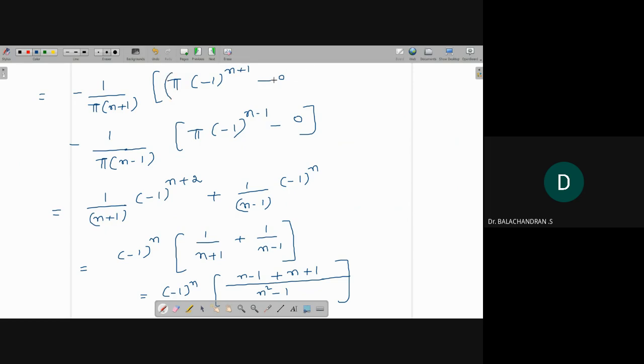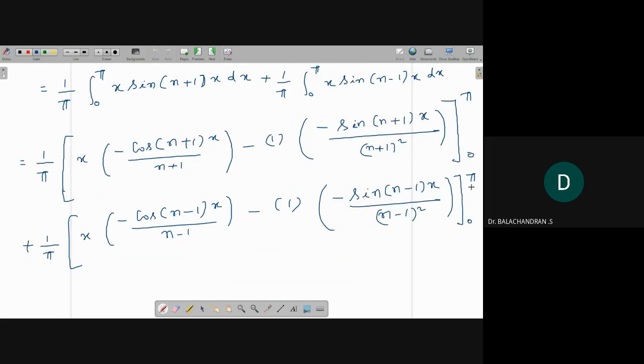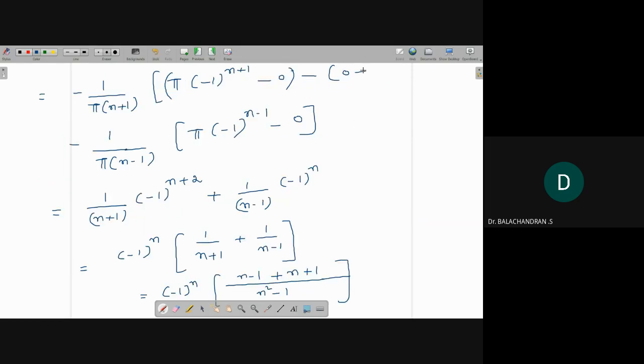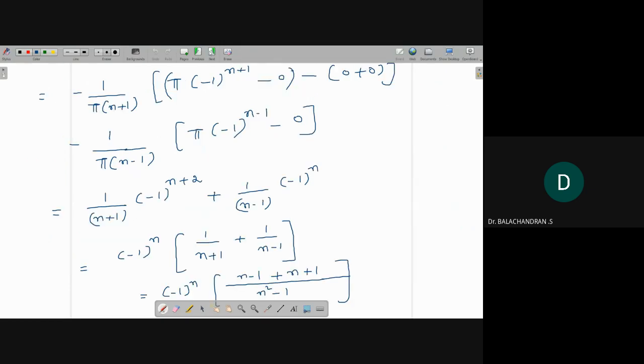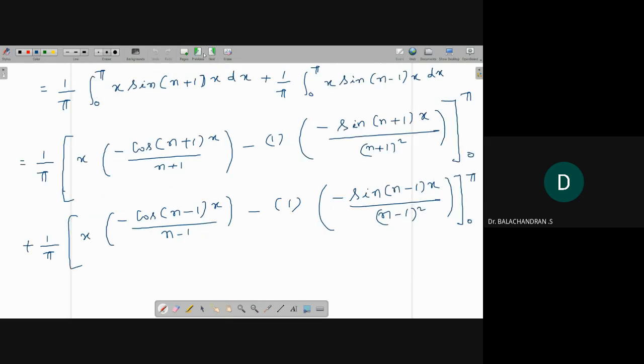This is the upper limit minus the lower limit, which is 0 when x is equal to 0. Here also sine 0 is 0, so plus 0. Similarly, in the second integral, minus... okay, sorry.